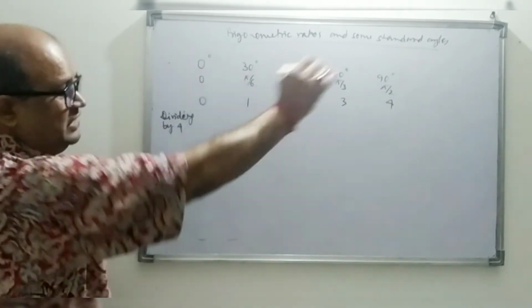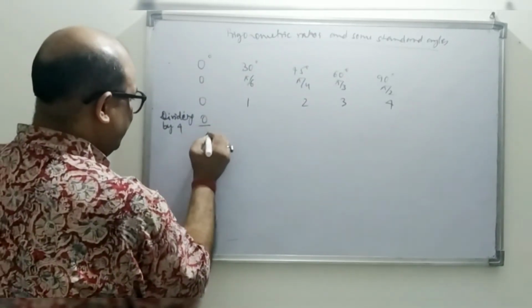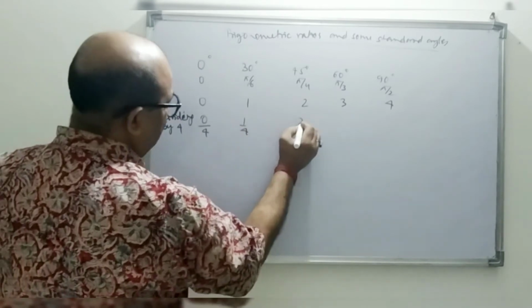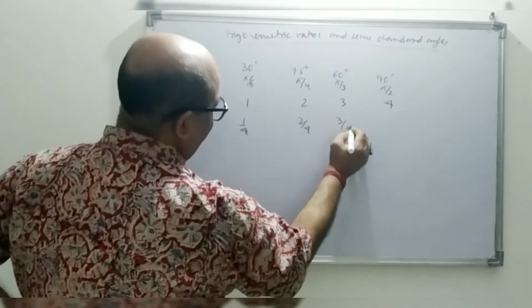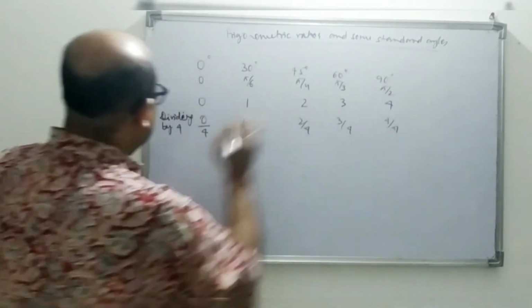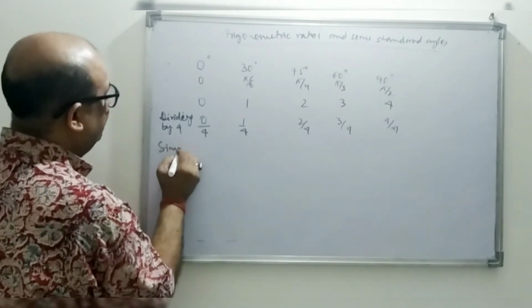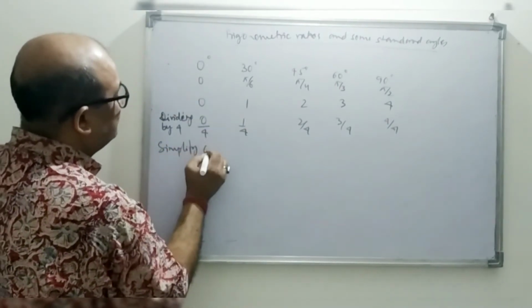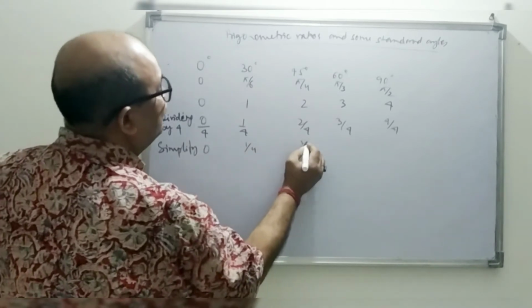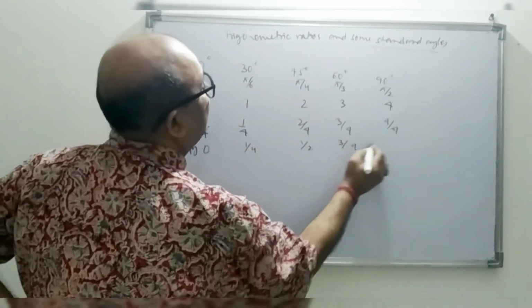You divide each and every number by 4. So 0 upon 4, 1 upon 4, 2 upon 4, 3 upon 4 and 4 upon 4. Simplify. This gives 0, 1 by 4, 1 by 2, 3 by 4 and 1.